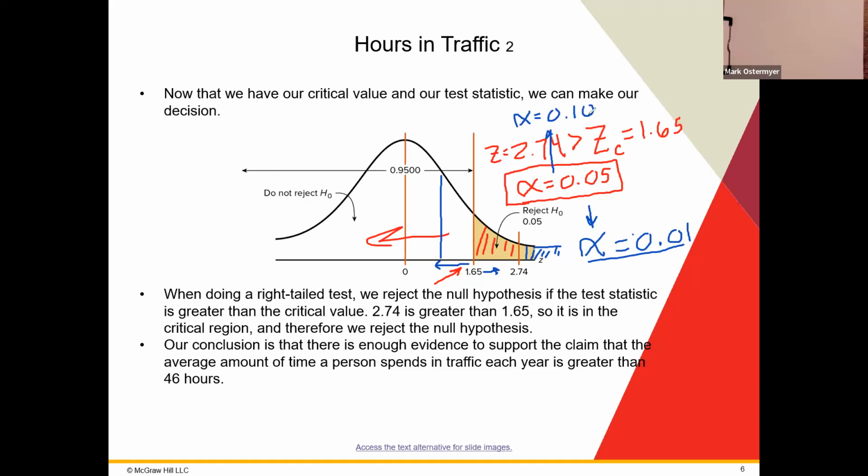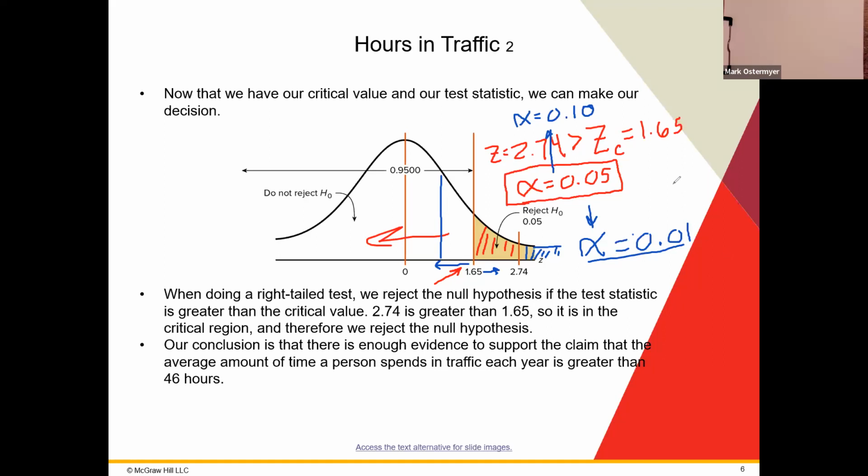But if you increase your level of significance, and in all honesty, you could increase it to any value where you could always reject your null hypothesis. But keep in mind, when you increase your level of significance, you're also increasing the chance of committing a type 1 error, of rejecting a null hypothesis that in fact may be true. And that's a bad thing to commit a type 1 error. Okay. So there's an inevitable trade-off.